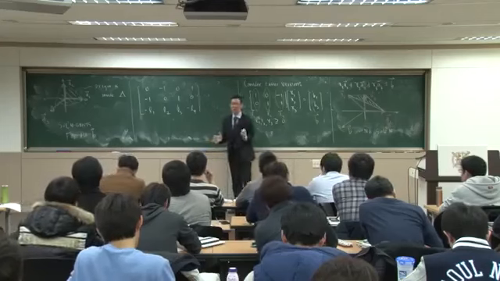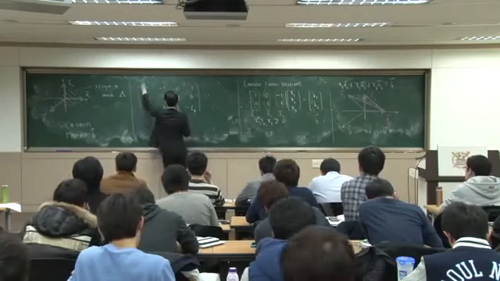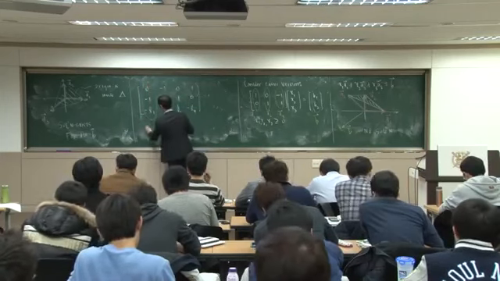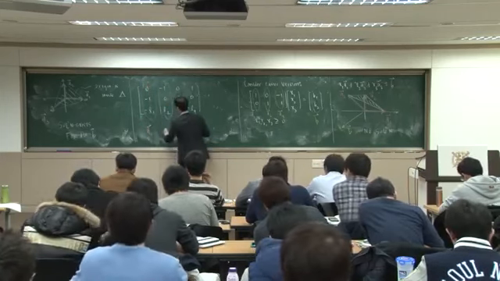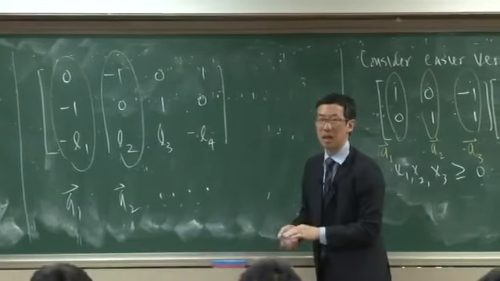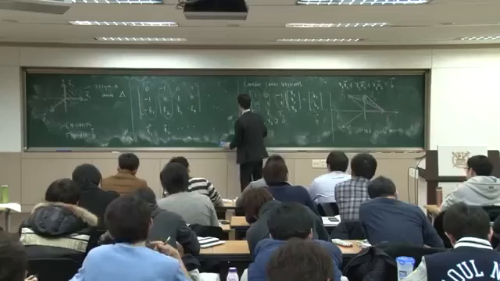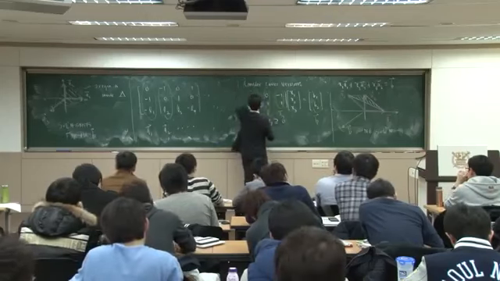So that was our A matrix. So here's A1, A2, and so on. Now let's apply this reasoning to this three-dimensional example.